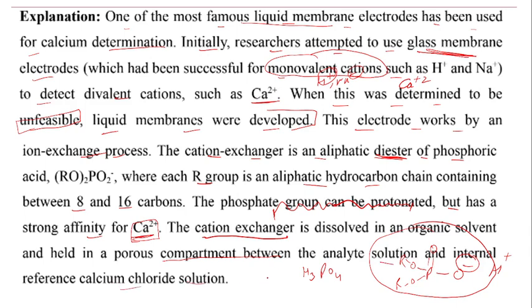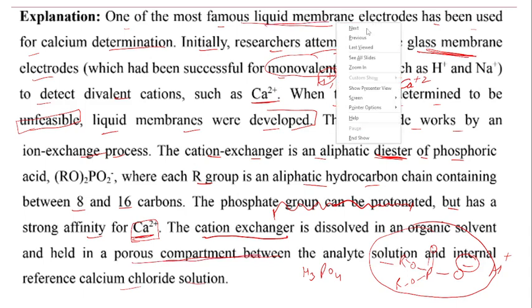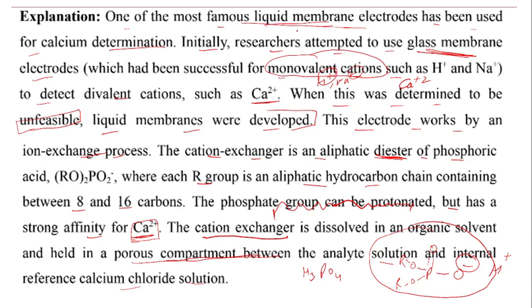So internally, calcium chloride solution will be there, and this diester of phosphoric acid will be dissolved in organic solvent, and finally it will be filled in the porous compartment. So this whole assembly is known as the liquid membrane electrode, and it is used for calcium ion estimation.